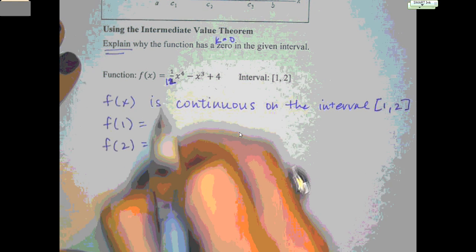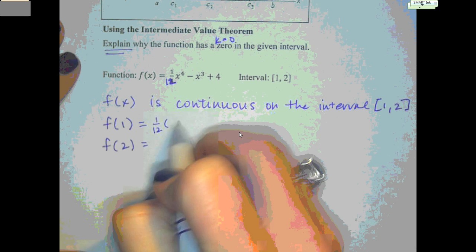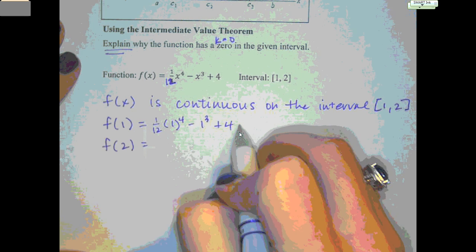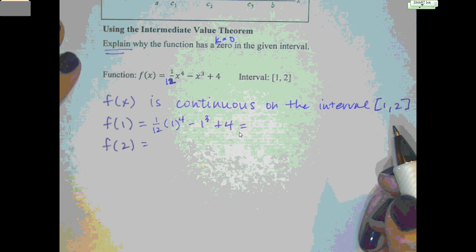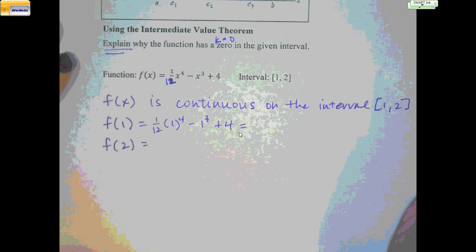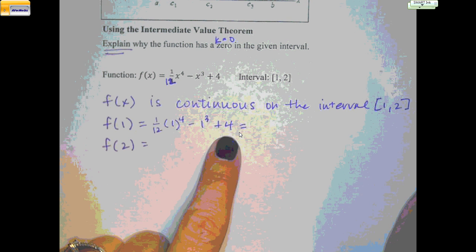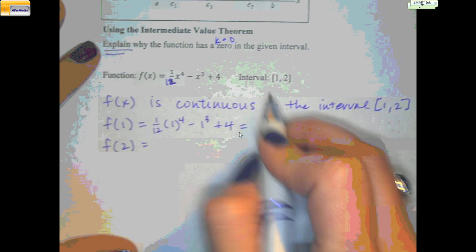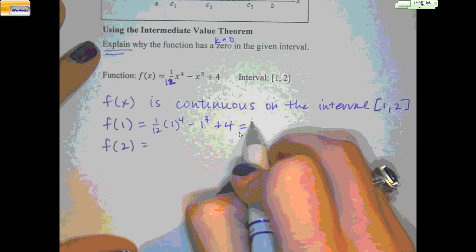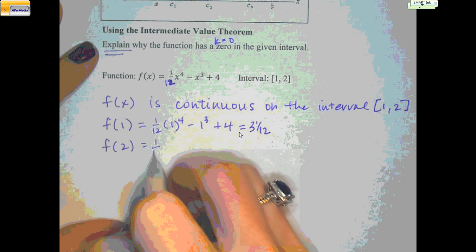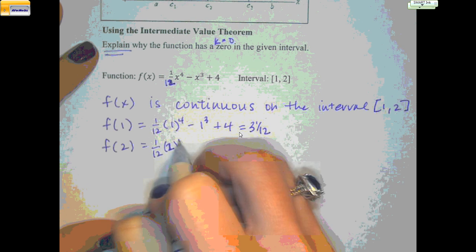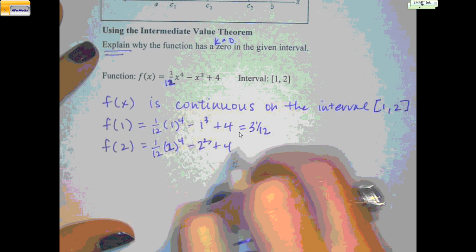Well, f at 1, I've got 1/12 times 1 to the 4th minus 1 cubed plus 4. So -1 and 4, that's 3. That's going to be 3 and 1/12. F at 2 is going to be 1/12 times 2 to the 4th, minus 2 cubed plus 4.